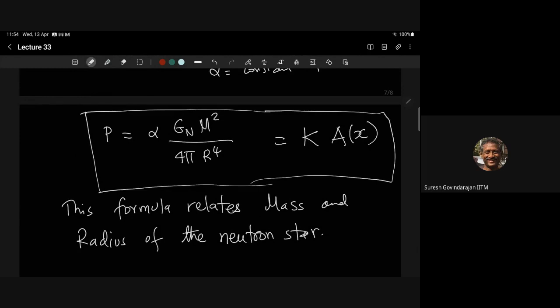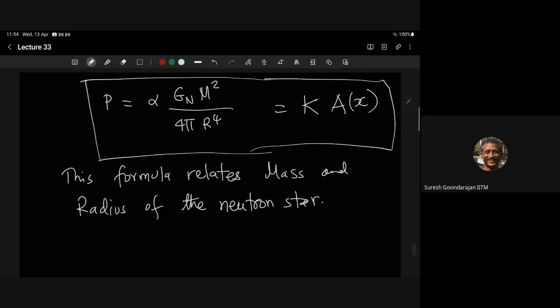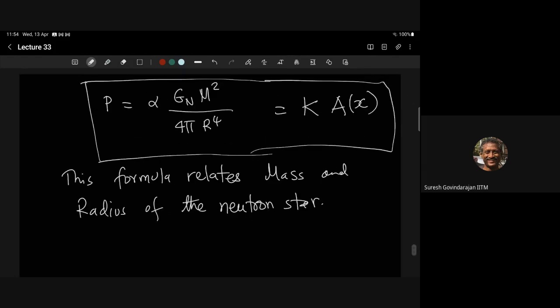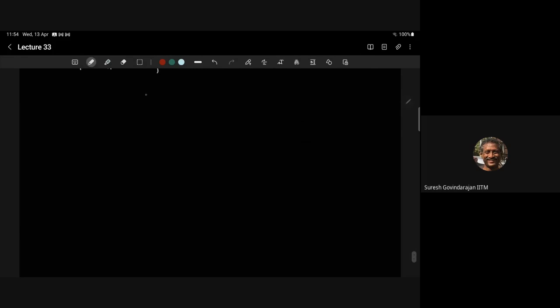All these are known constants, and so we can get a relationship between m and r. But instead of doing that, what we will do is plot a graph. I'm not going to complete the proof, but I'll draw this picture and discuss it.